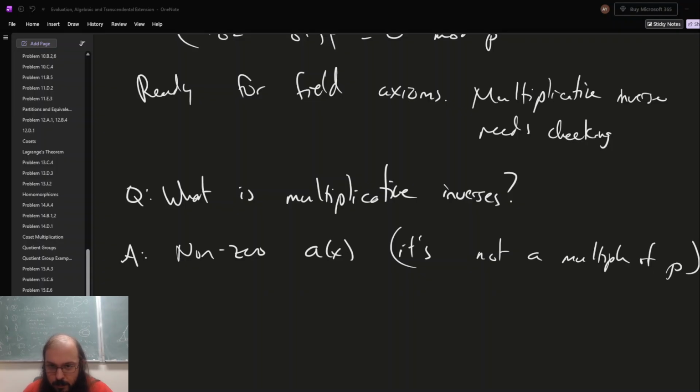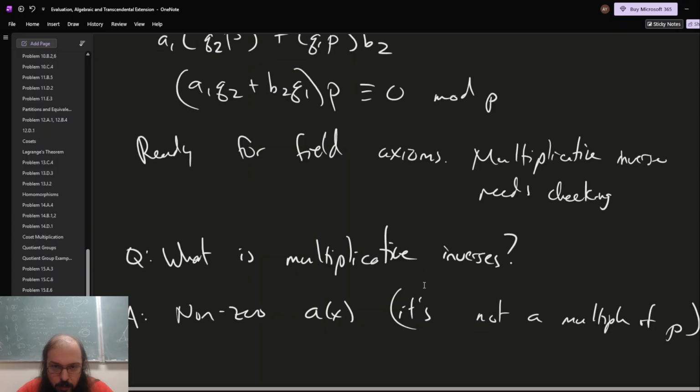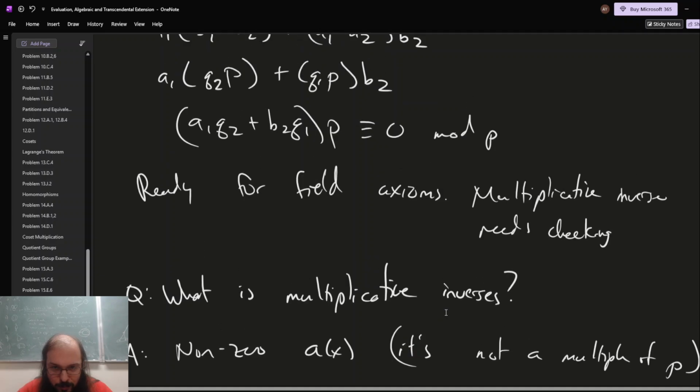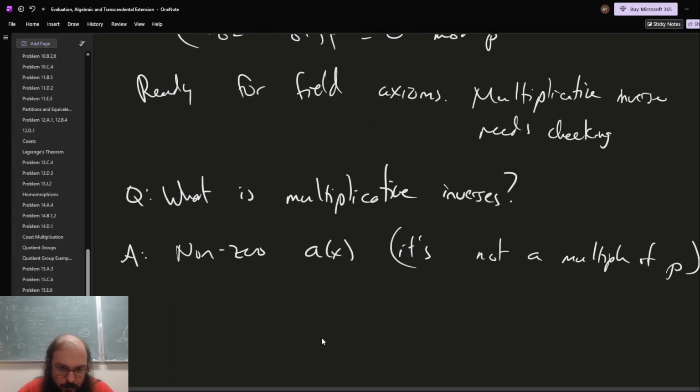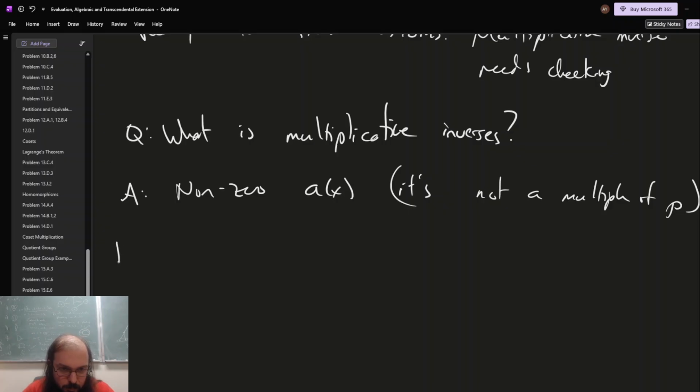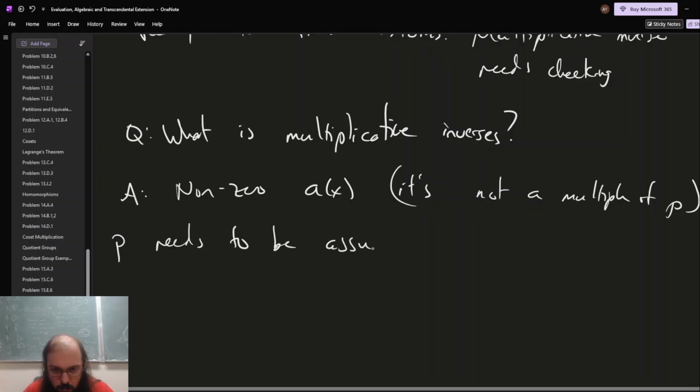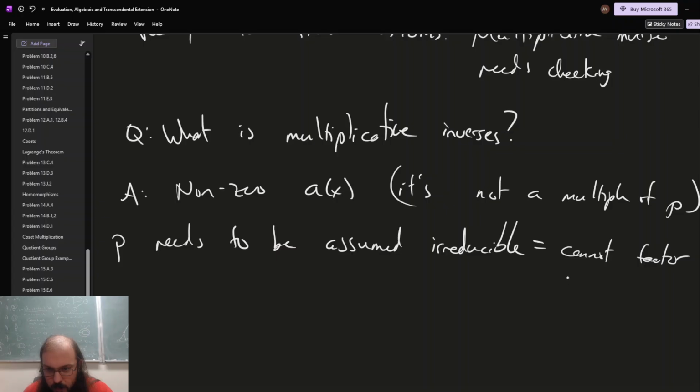That's really what I mean by this. And crucially here, this calculation will fail unless P is what we call irreducible. Irreducible means you cannot factor it with these F coefficients.